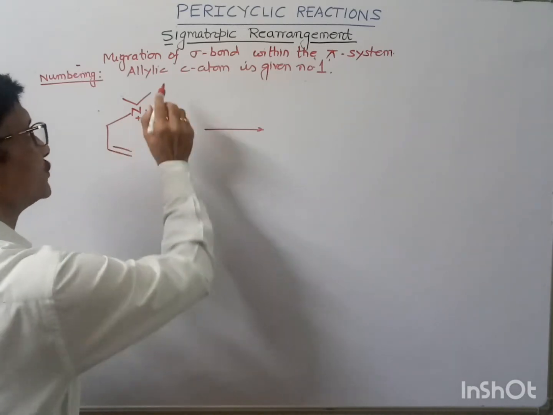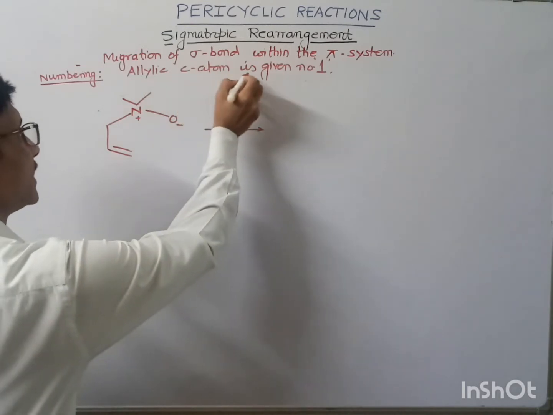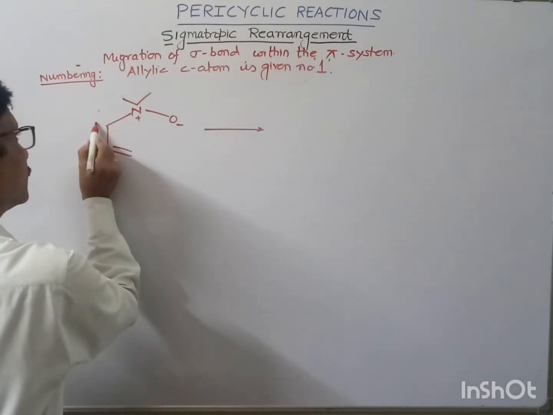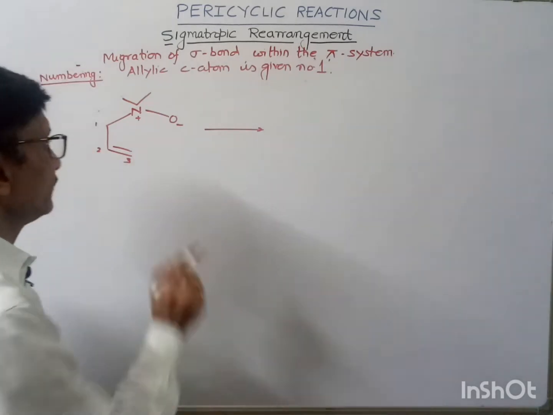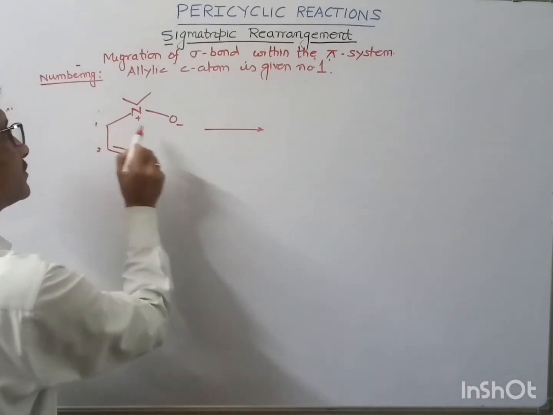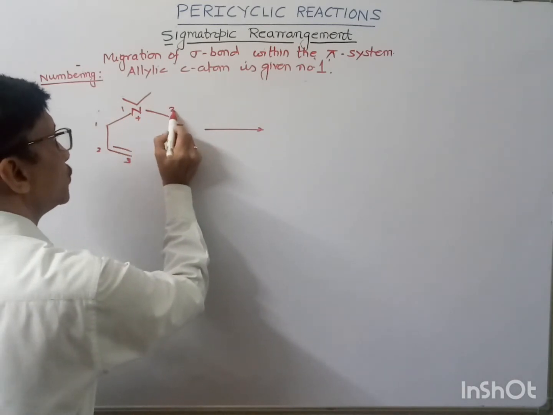First of all, I should give the numbering. The allylic carbon is given number 1. So this is 1, 2, 3. The atom which is attached to the allylic carbon atom is also given number 1. So this is 1 and this is number 2.